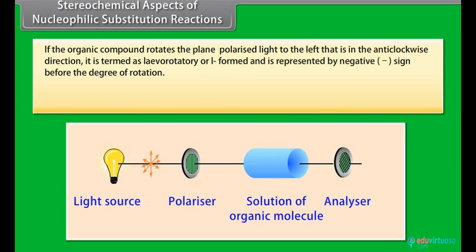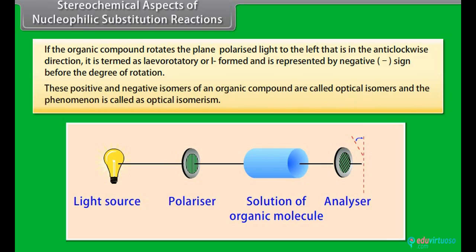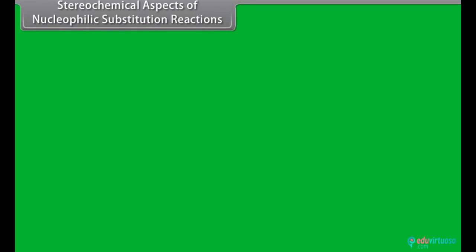If the organic compound rotates the plane polarized light to the left, that is, in the anti-clockwise direction, it is termed as levorotatory or l-form and is represented by negative sign before the degree of rotation. These positive and negative isomers of an organic compound are called optical isomers, and the phenomenon is called as optical isomerism.